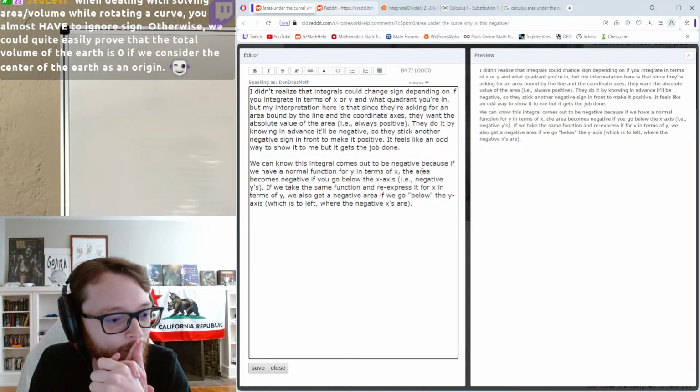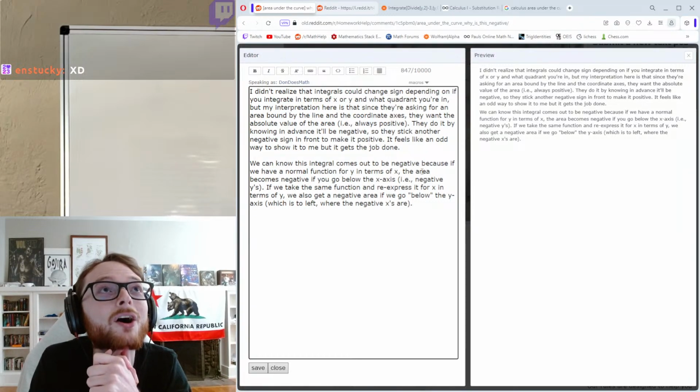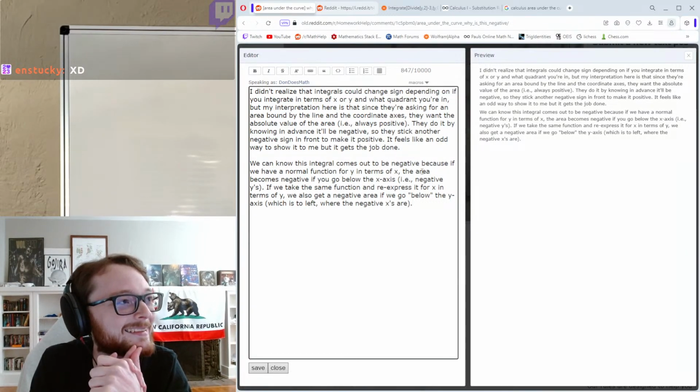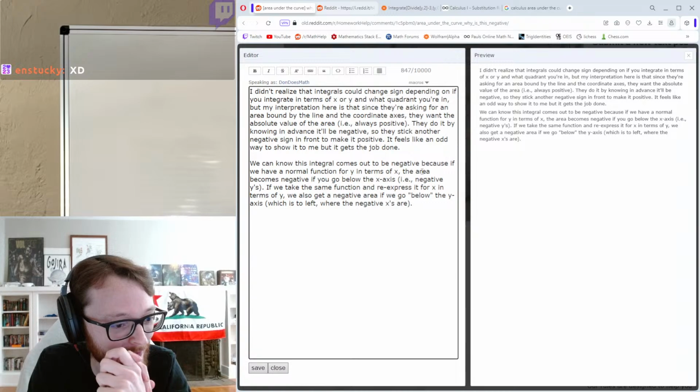Dealing with area or volume while rotating a curve, you almost have to ignore the sign. Does that happen in the calculus? I guess if you use spherical coordinates, that problem is taken care of.